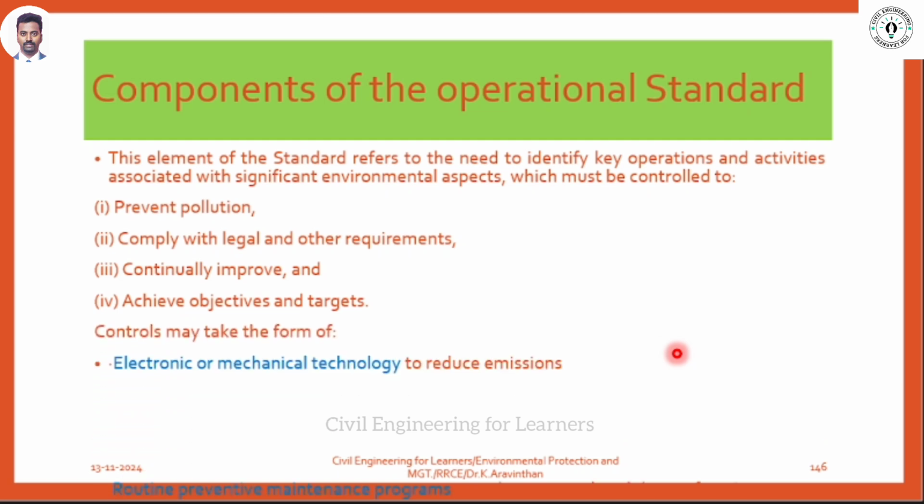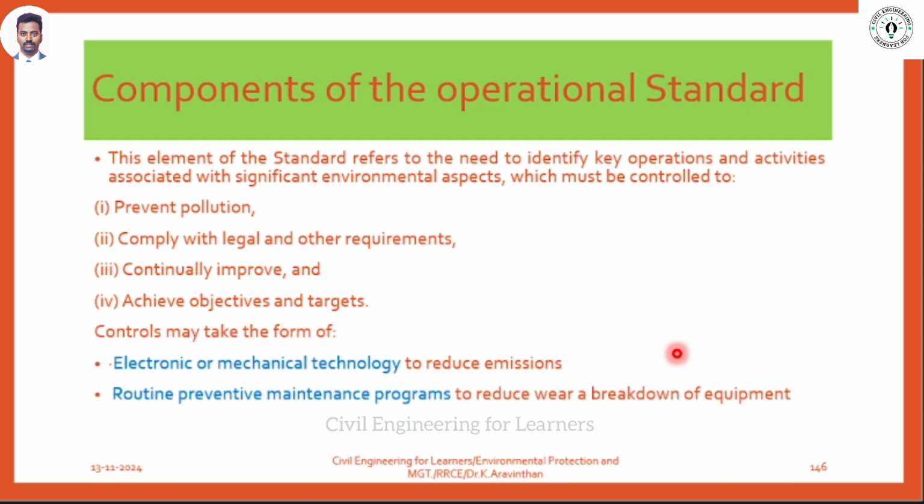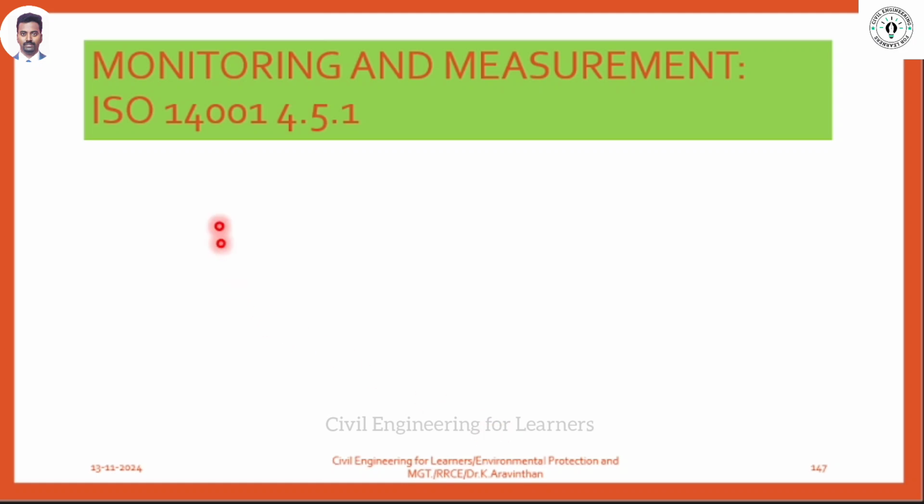The controls may be electronic. What are the types of control? You can do it electronically or mechanically. It can be a routine preventive maintenance program or monitoring and observation of instruments. ISO 14001 in clause 4.5.1 has given this.